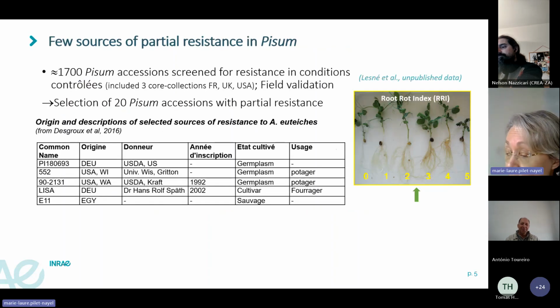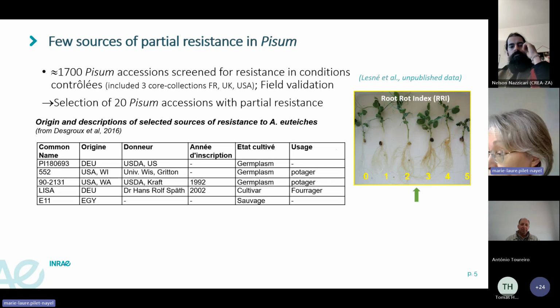So to diversify resistance genetic loci, we conducted in the past years a large screening program of about 1,700 Pisum accessions for resistance to Aphanomyces euteiches in controlled conditions. This resulted in the selection of 20 Pisum accessions showing partial resistance, which was validated in the field.